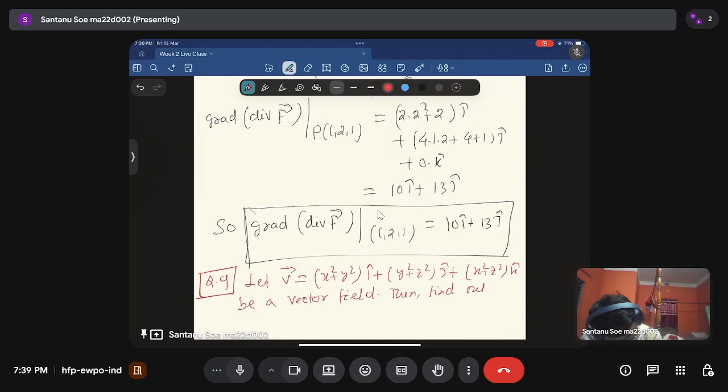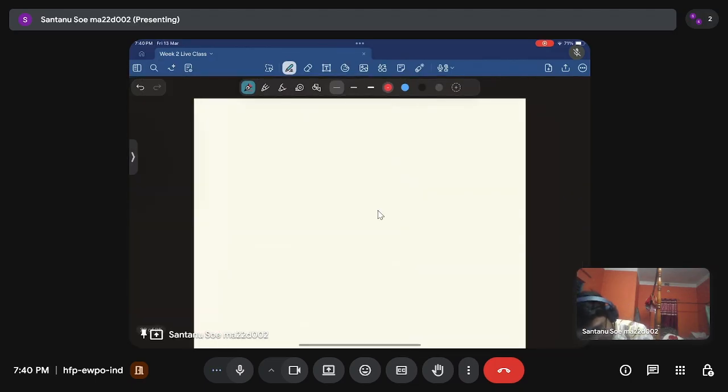Then find out the value of gradient of v minus nabla square of v at (1, 2, minus 1). Okay, so solution.